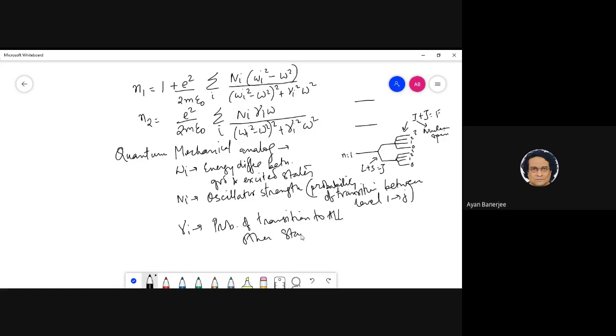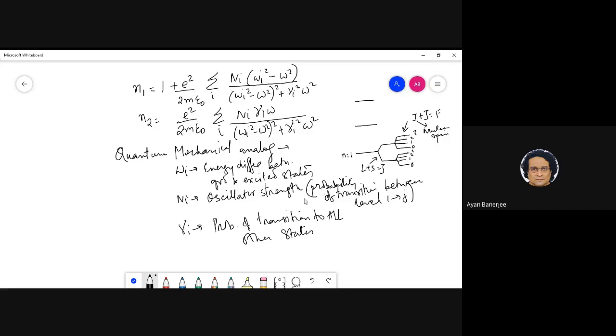So what I'm trying to say is, this one is essentially the transition between, say, this state to that state, only these two, and this will depend on how close this omega is to the natural frequency, which is nothing but omega 0. Omega is of course the frequency of the incident light.